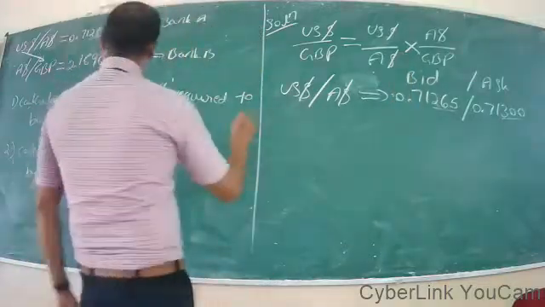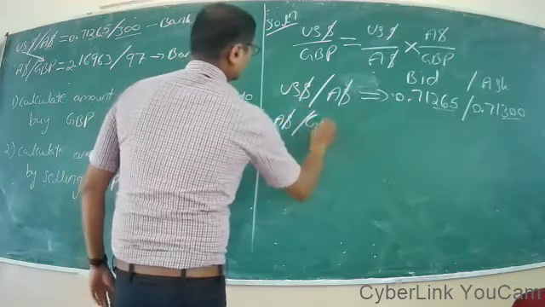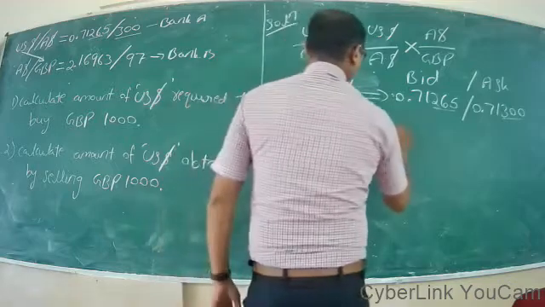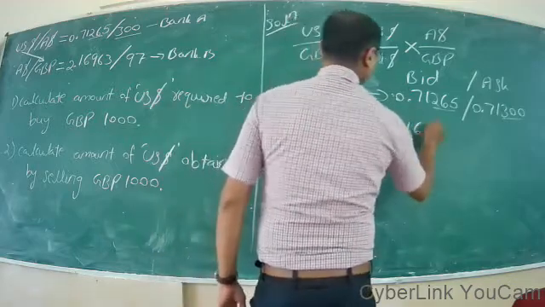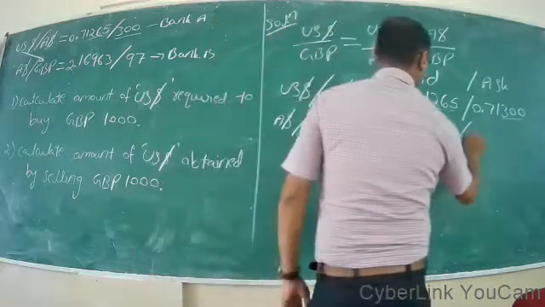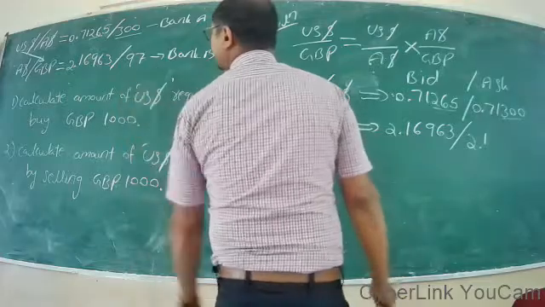Now another quotation, Australian dollar per GBP, is given as 2.16963 and the ask price is 2.16997. Here the pips are only 2 digits, right?